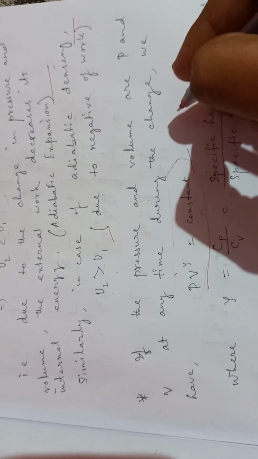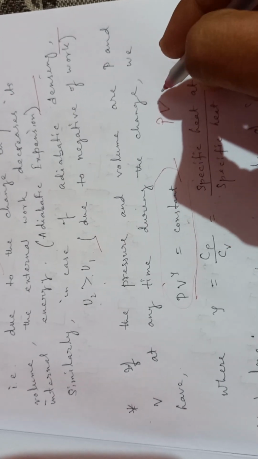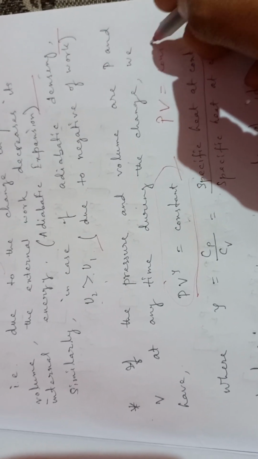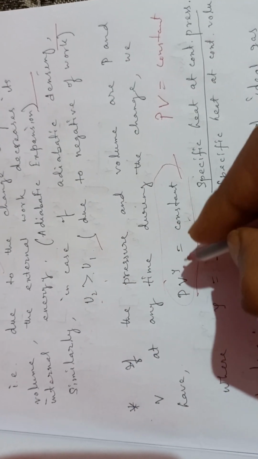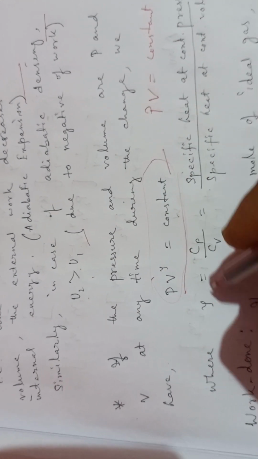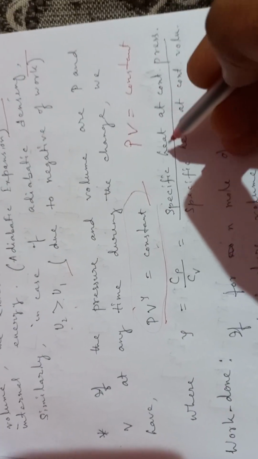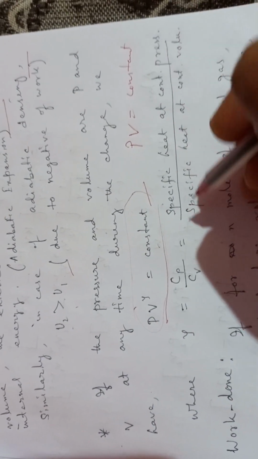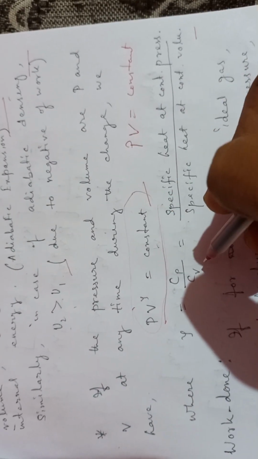Actually we know Boyle's law, PV is equal to constant. Here in adiabatic change it is rewritten in this way: P multiply V to the power gamma is equal to constant. Here gamma is equal to the ratio of specific heat at constant pressure to specific heat at constant volume, so Cp by Cv.